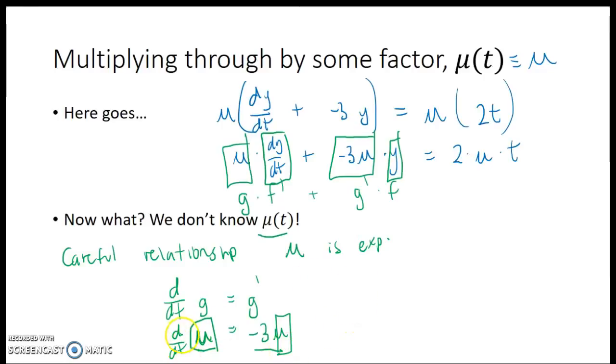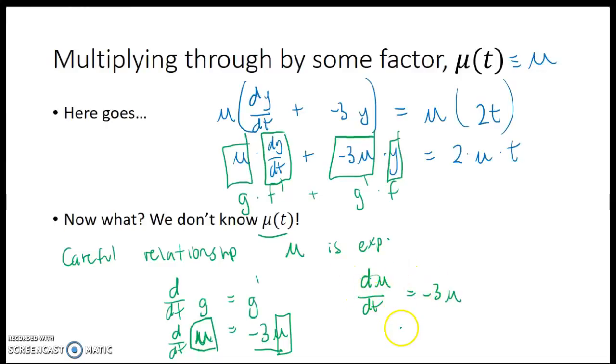Well, here's how we could actually derive this mathematically. The derivative of mu with respect to t can also be written this way: d mu dt equals negative 3 mu. Now, I notice that my dependent variable in this new differential equation I formed is mu, which makes this equation homogeneous.